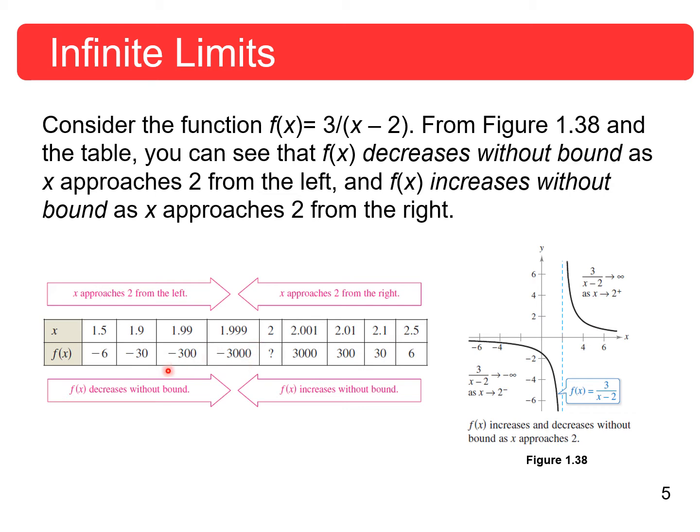So you notice the values of f of x decrease dramatically. And also, if you look at the values as x approaches 2 from the right, the function value also increases dramatically.